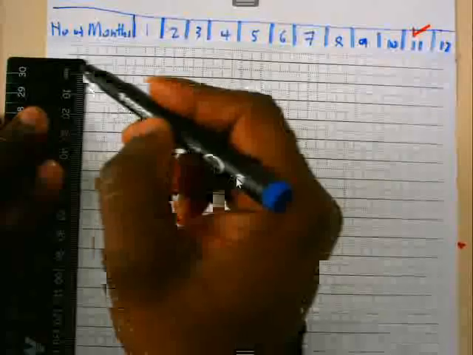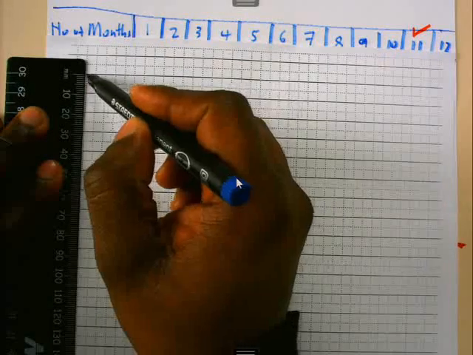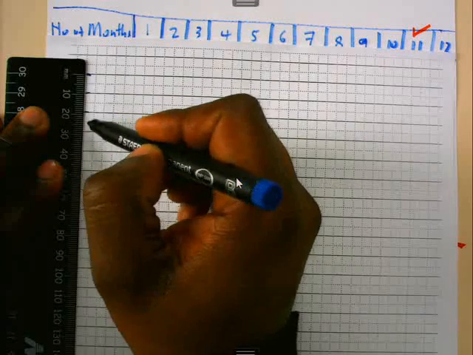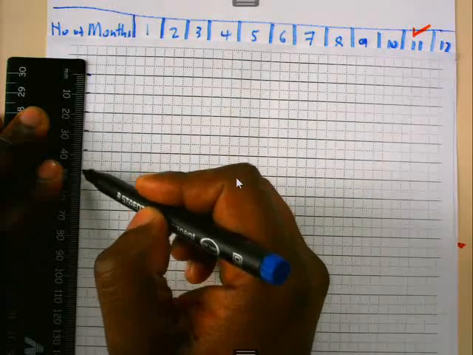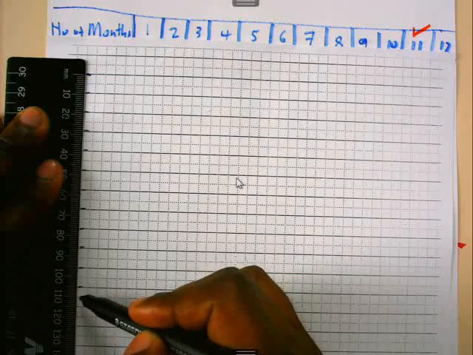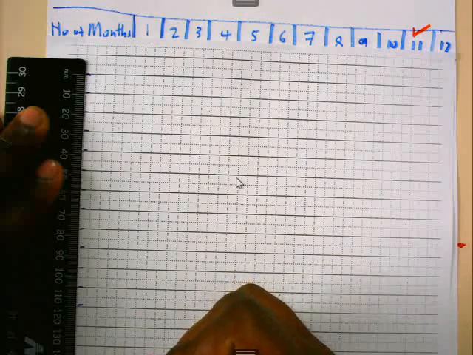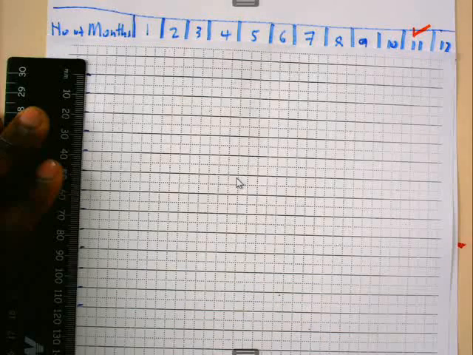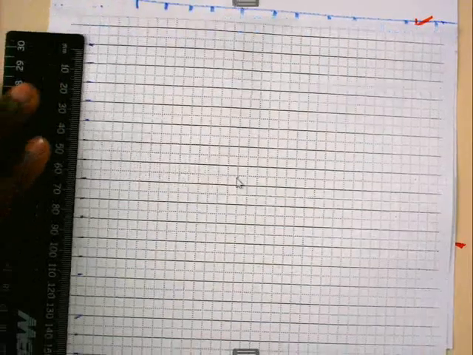The highest number we have is 100, so it can be 1, 2, 3, 4, 5, 6, 7, 8, 9, 10, 11, 12, 13, 14, 15, 16, 17, 18, 20. Let's see how it will look until there.